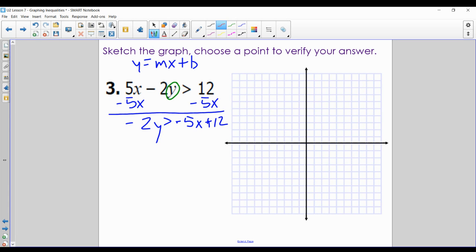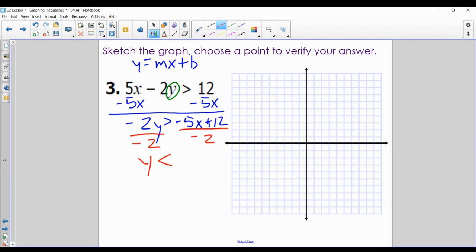And here's the thing we have to remember: when I divide by a -2 here, it's going to flip the inequality symbol. Dividing by a negative flips the inequality symbol in solving inequalities.